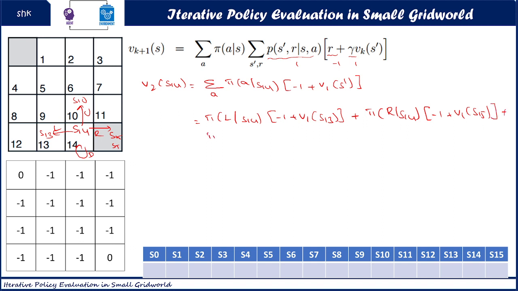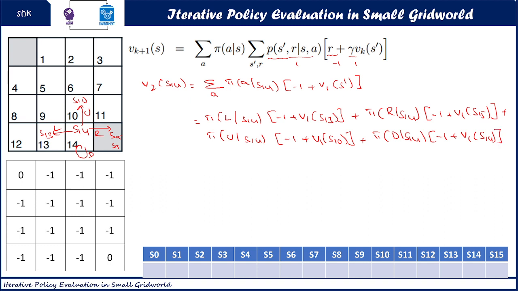Plus the probability of up action from S14, the reward is minus 1. When you take the up action from S14 state, we reach S10, so you write V1 of S10, plus the probability of down action from S14 state, the reward is minus 1, V1 of S14, because when you take the down action from S14 state, we fall into the same state, S14.